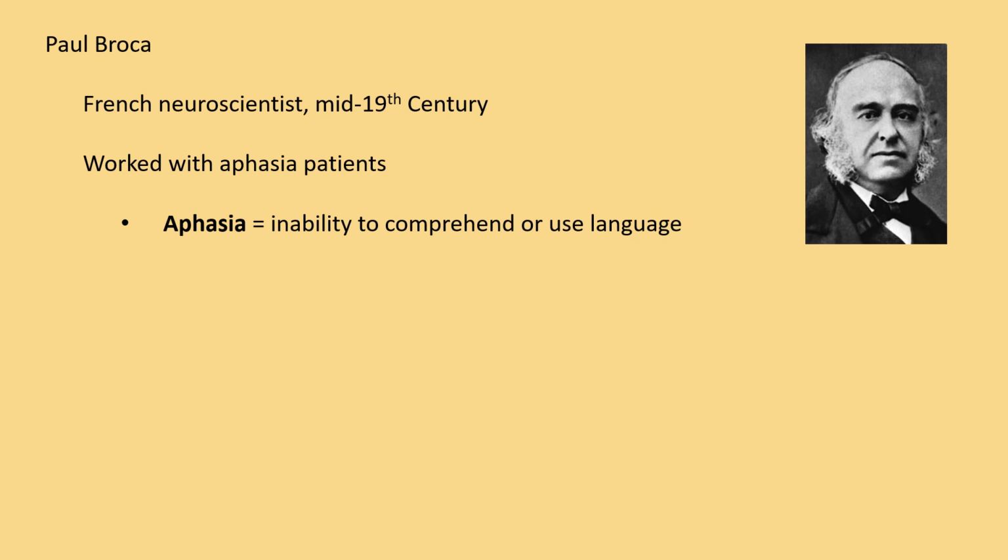Let me introduce you to another early neuroscientist. He was French, and Paul Broca did amazing work, made many discoveries by working with patients who have aphasia. We now know that there are many different types of aphasia. But generally speaking, aphasia is the inability to comprehend or to use language.